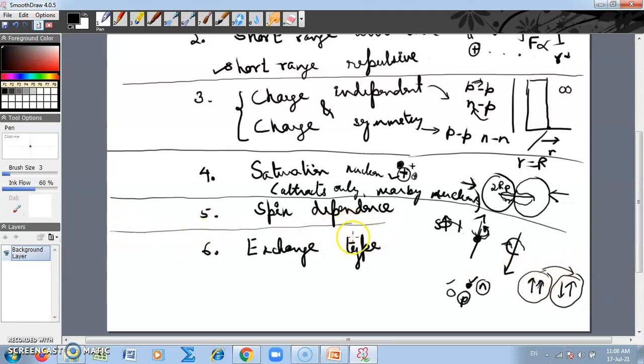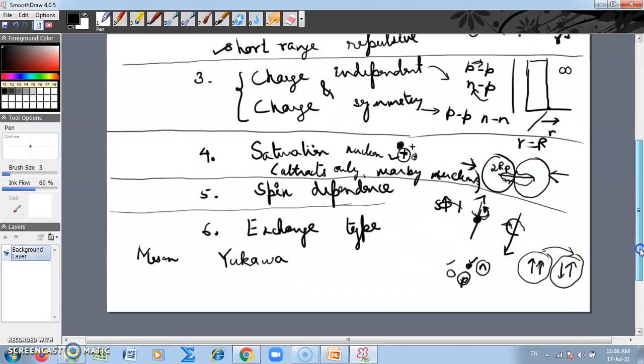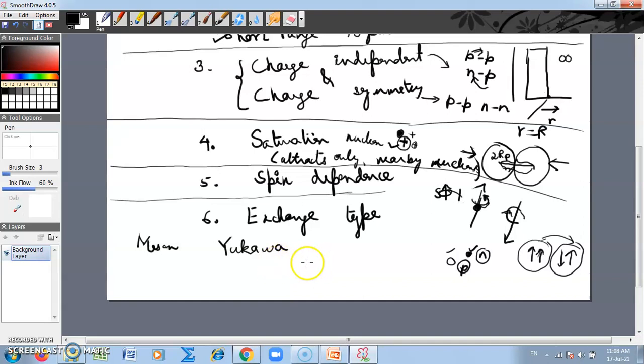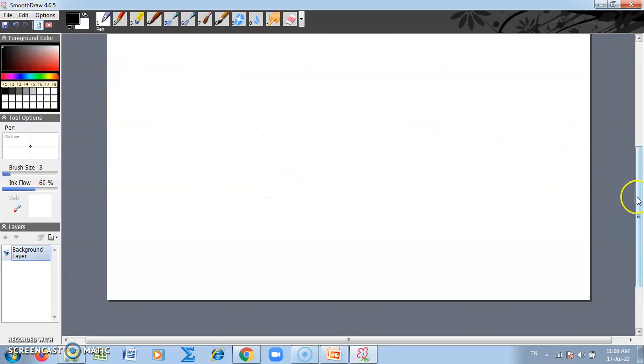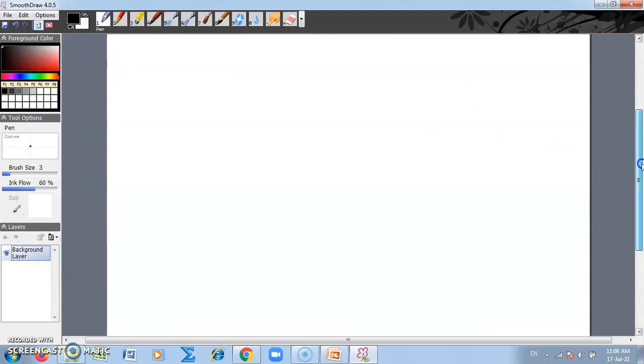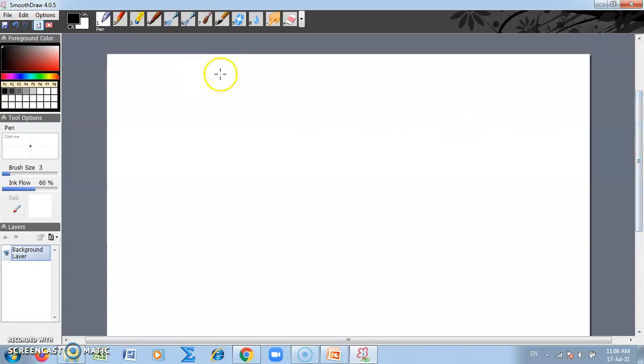And now coming to exchange type, this was first proposed by the meson theory of Yukawa, which I had probably mentioned. According to Yukawa's meson theory, suppose I have a proton.